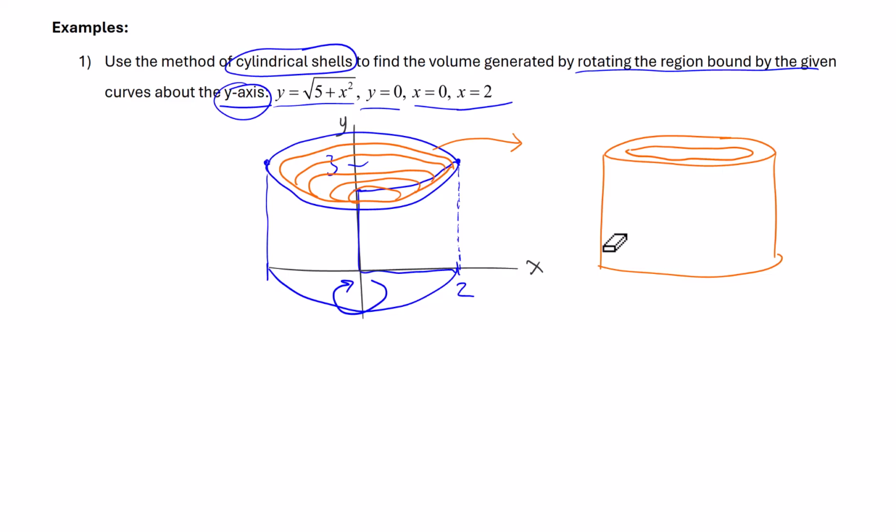And that thickness, in this case, because of the way these are extended, would be a horizontal thickness, a dx thickness. We would have an average radius that would go from the center of the shells all the way to the middle of the thickness.